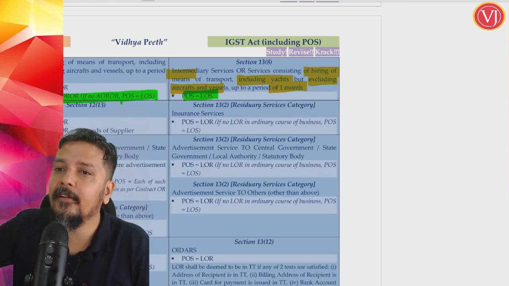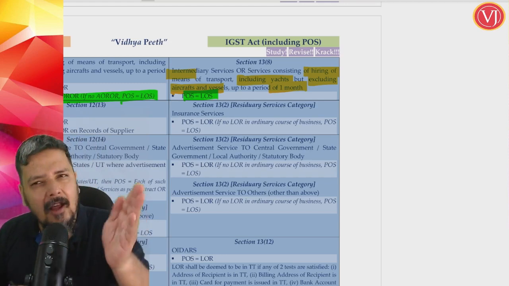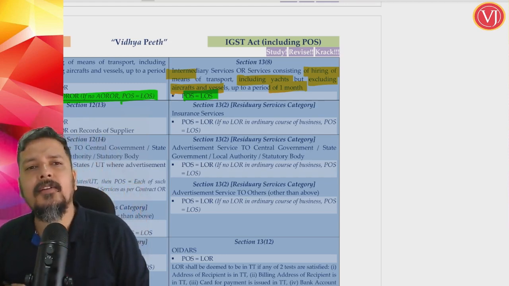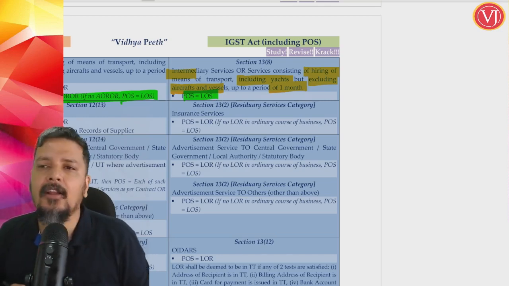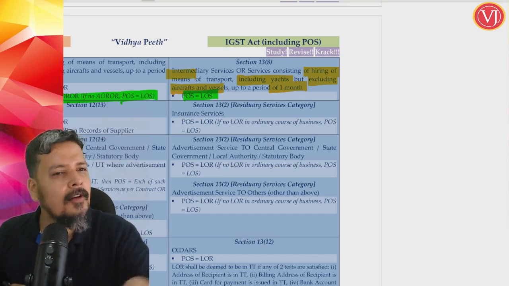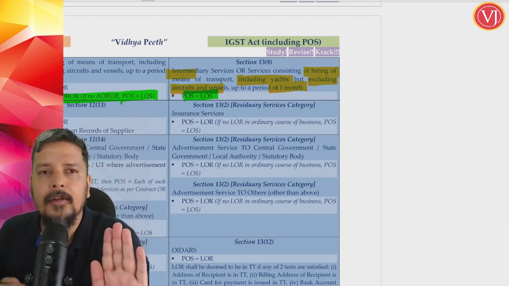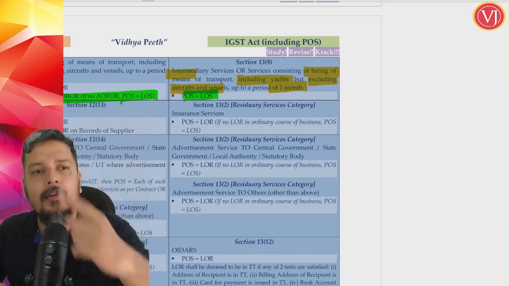Place of supply, location of recipient, and if it is not available in ordinary course of business, then it is location of supplier. Don't you think that for the foreigner who is coming to India and taking the vehicle on hire for 2 months, that supplier would have taken the proofs? Don't you think that the address is already clearly available on records in ordinary course of business? So it will be location of recipient.